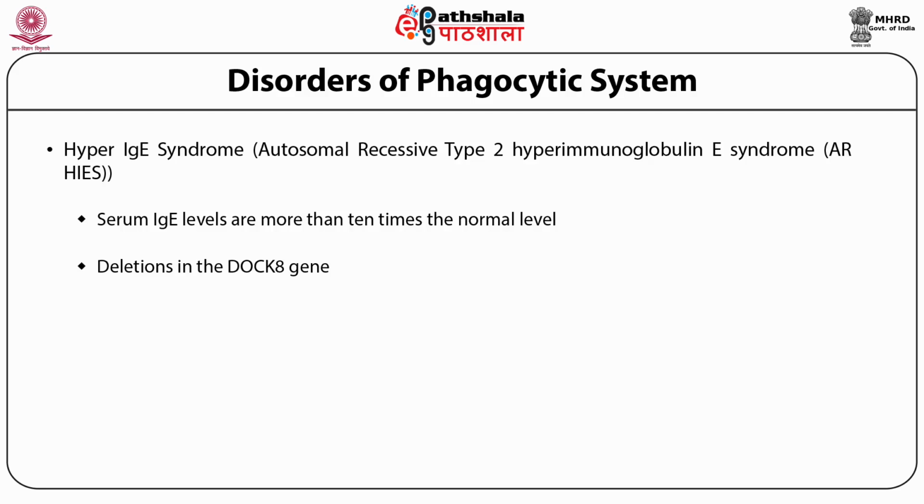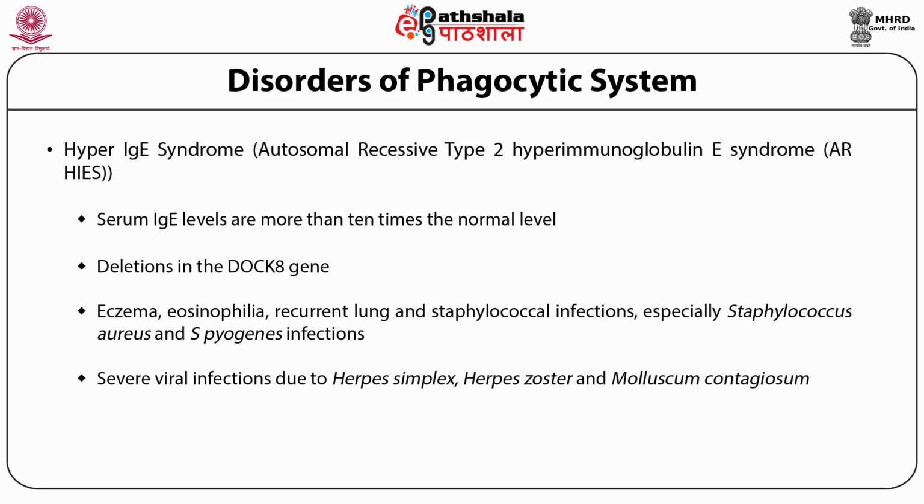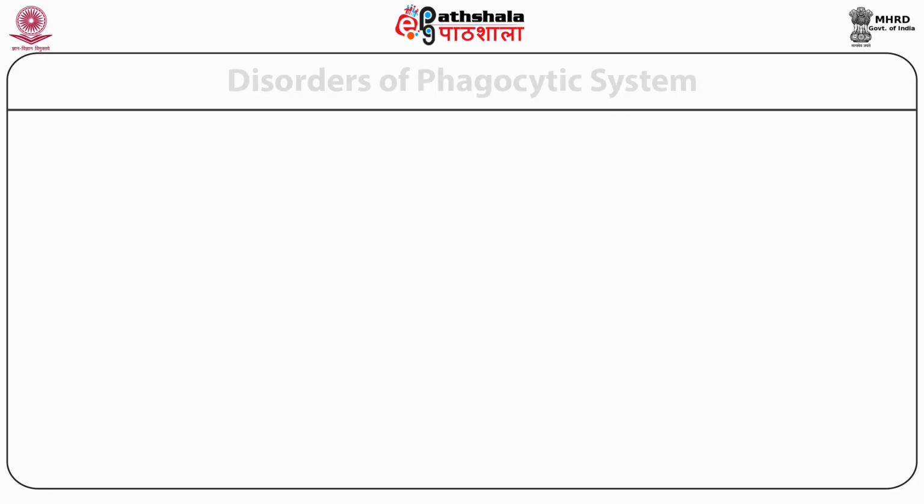The symptoms also include eczema, eosinophilia, recurrent lung and staphylococcal infections, especially Staphylococcus aureus and Streptococcus pyogenes infections. These patients also suffer from severe viral infections due to herpes simplex, herpes zoster and molluscum contagiosum. Most of the patients of AR-HIES are from families where consanguinity is involved, that is intermarriage among close relatives.